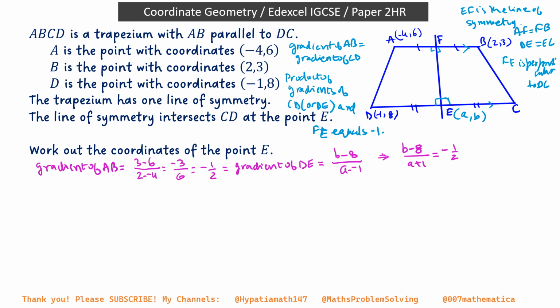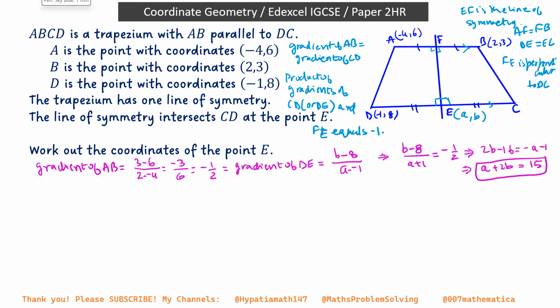And that would imply 2B minus 16 is minus A minus 1. So that would imply that A plus 2B equals 1 minus 1 plus 16. So that is 15. So this is one of our equations involving A and B.